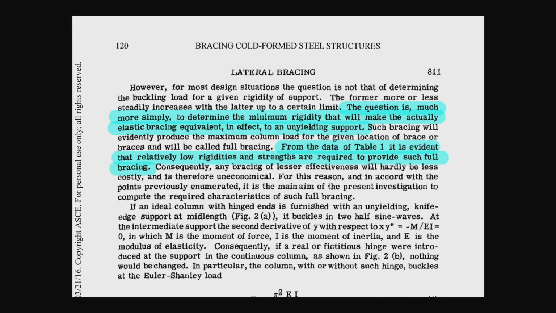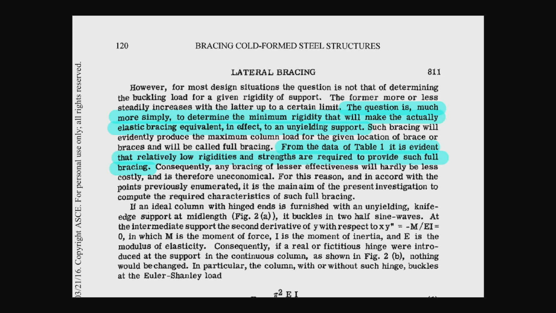reflects the fact that when it comes to the design for a structural engineer, what we need to know is what is the brace characteristics, either capacity and stiffness, such that we can just put the minimum number and gain the maximum possible capacity of the column.